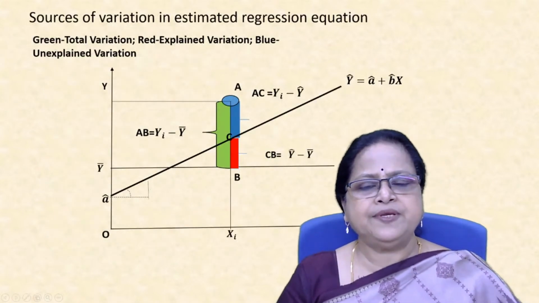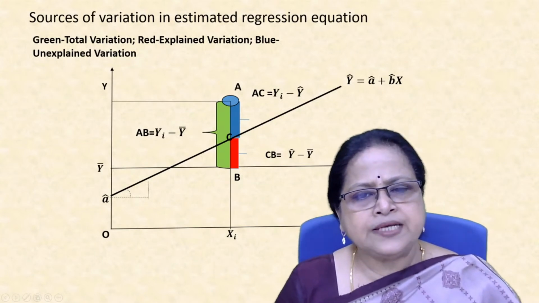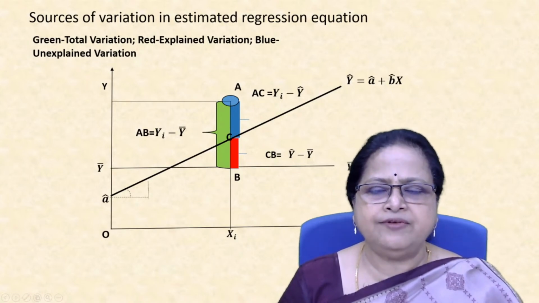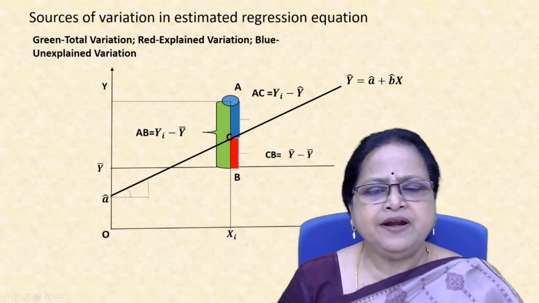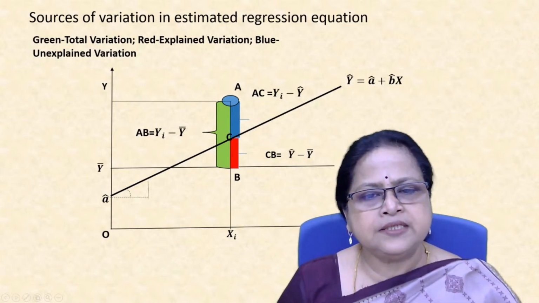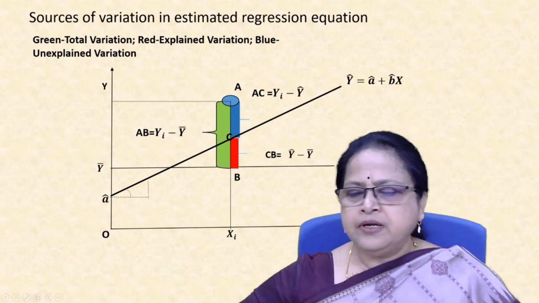Now this is the diagram here. Suppose at OXi, AXi is the actual value, yi. The estimated value at OXi is CXi, that is yi hat.